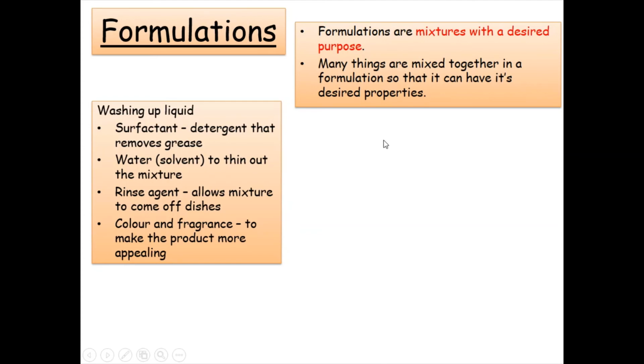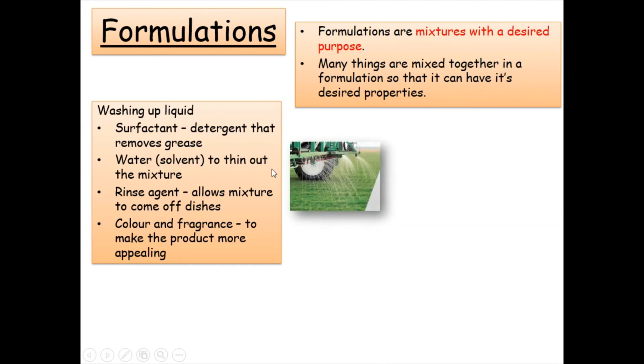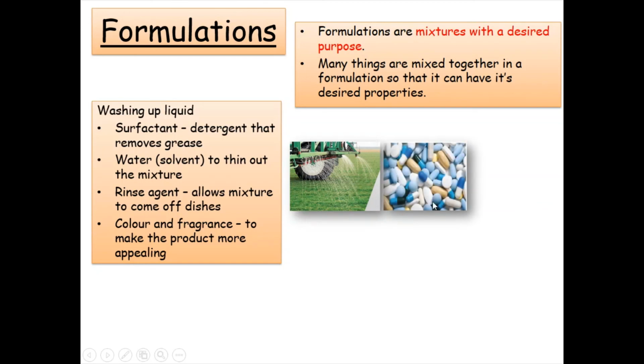Right, let's look at some more examples of formulations. Pesticides and herbicides. Pharmaceutical companies can create pesticides and herbicides that will target specific animals or specific plants. The pharmaceuticals industry uses formulations to make their drugs.